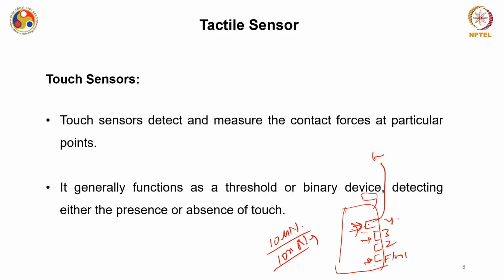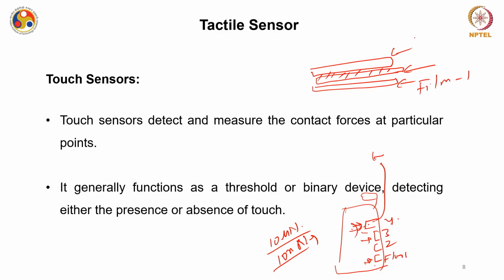Or you can understand it from the previous example, where we have seen two different objects in which there is a filler of some material, or there is another film. This is film 1, this is film 2 and this is film 3.